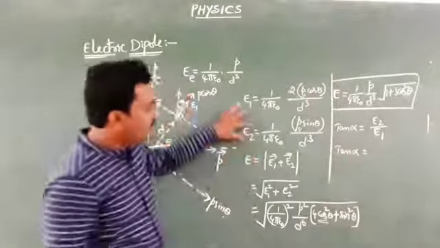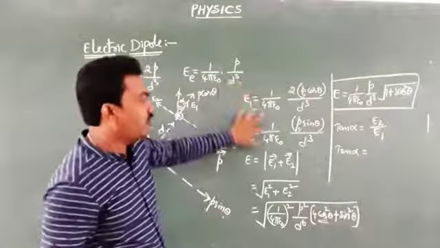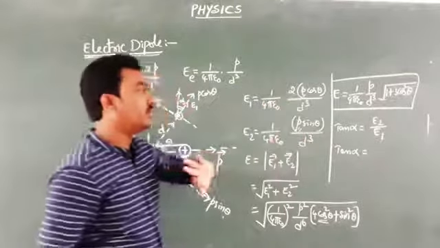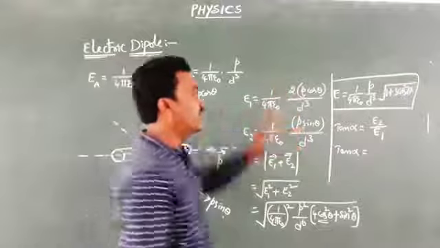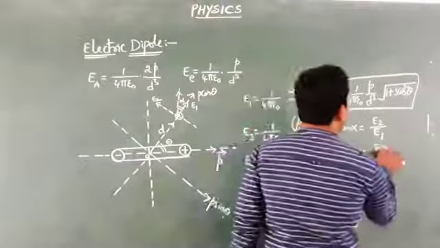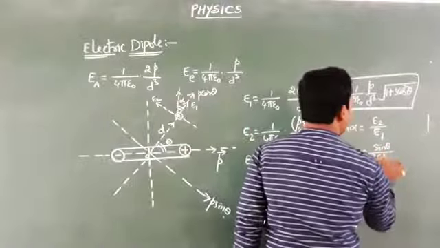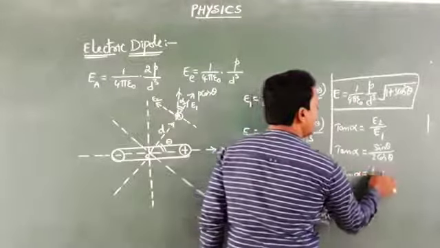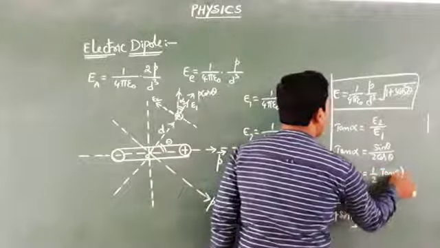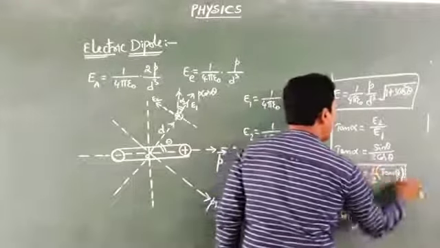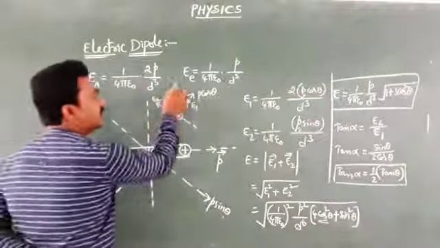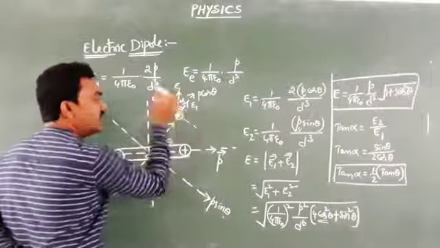Come to E2 by E1: 1 by 4 pi epsilon naught cancels, d cube cancels, p cancels. Then what is left? Sin theta by 2 cos theta is left. So tan alpha equal to half into tan theta. From this equation you can calculate alpha. Alpha is the direction of the resultant field intensity with E1 bar.